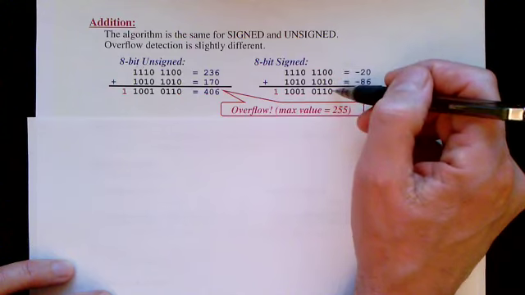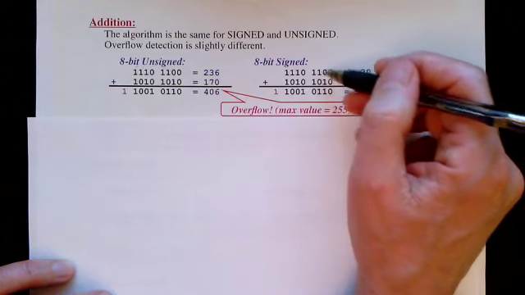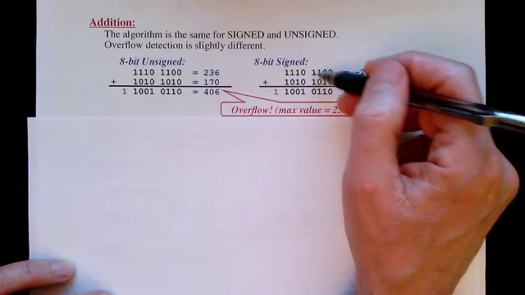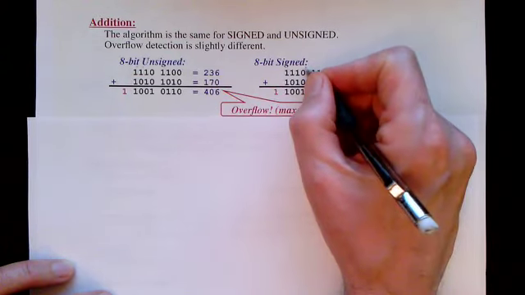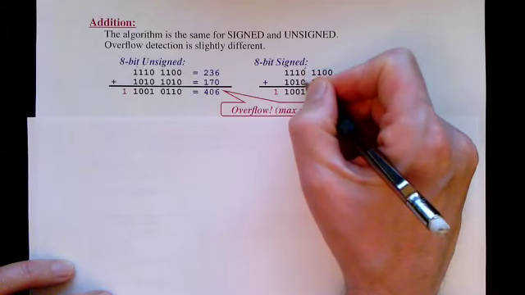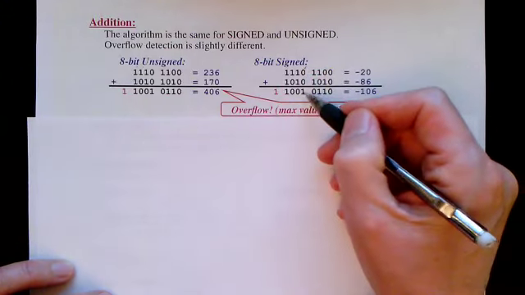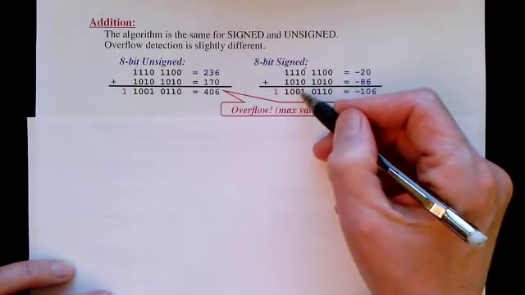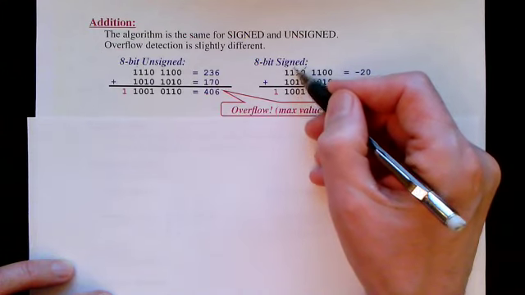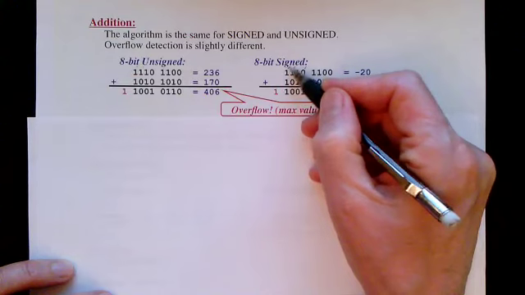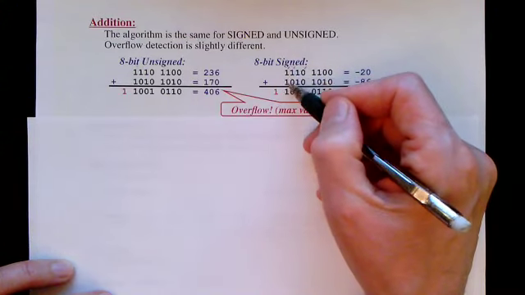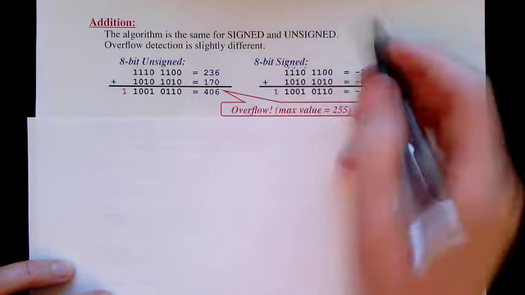0 plus 0 is 0, 0 plus 1 is 1, 1 plus 0 is 1, 1 plus 1 is 2, which is 0, carry 1. 1 plus 0 is 1. 1 plus 1 is 2, so 0, carry 1. 1 plus 1 is 2, which is 0, carry 1. And 1 plus 1 plus 1 is 3, 1, carry 1.